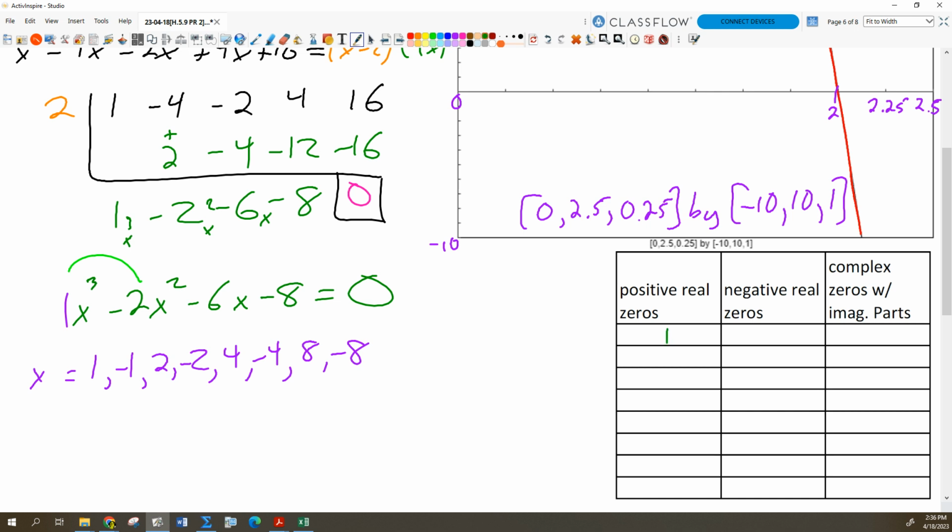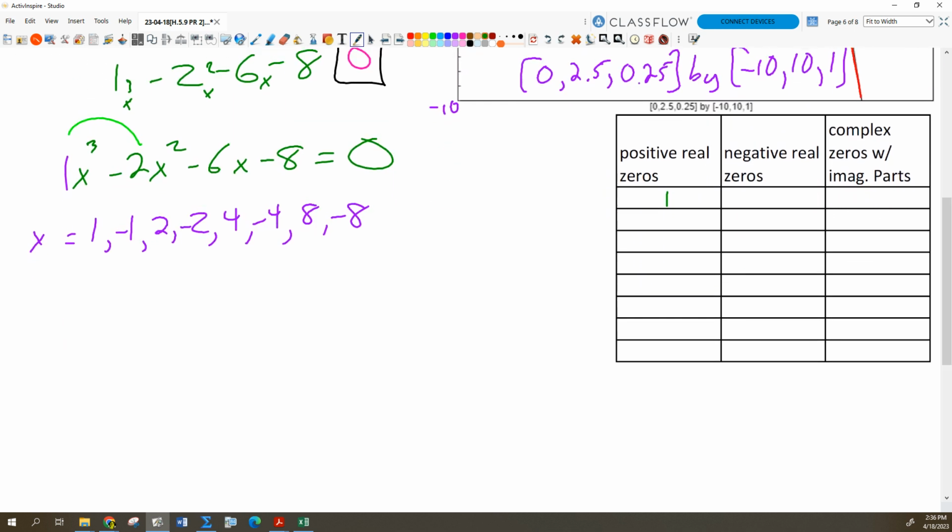How many negative real zeros? Well, real quick, we could calculate f of negative x. Odd powers change signs of coefficients. So the first one's going to change, isn't it? We're going to get a negative x cubed. X squared stays the same. Agreed? Next one, same or different? Different.